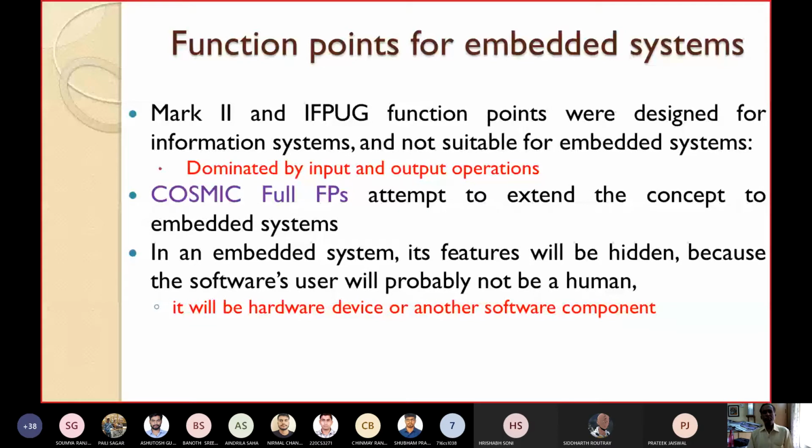So another function point is called COSMIC full function points. COSMIC full function points attempt to extend the concept of function points to handle embedded systems.